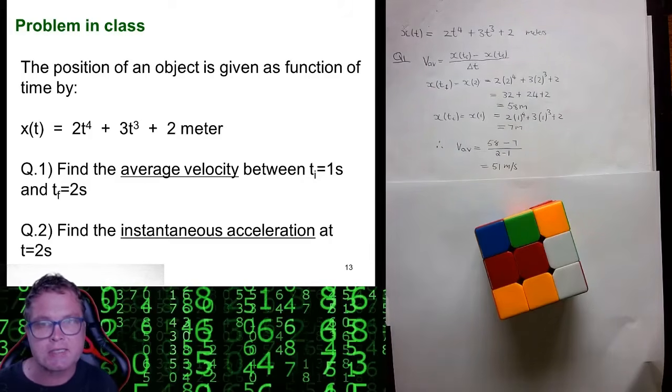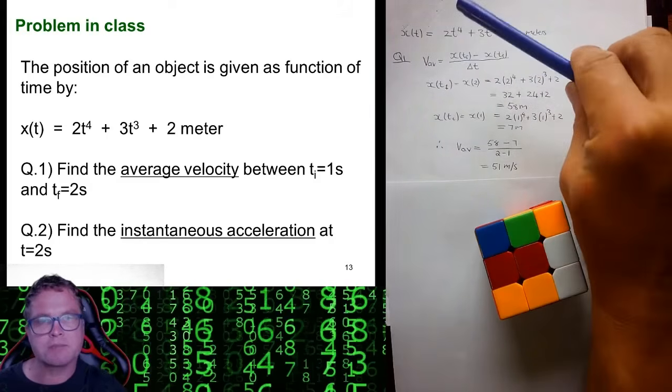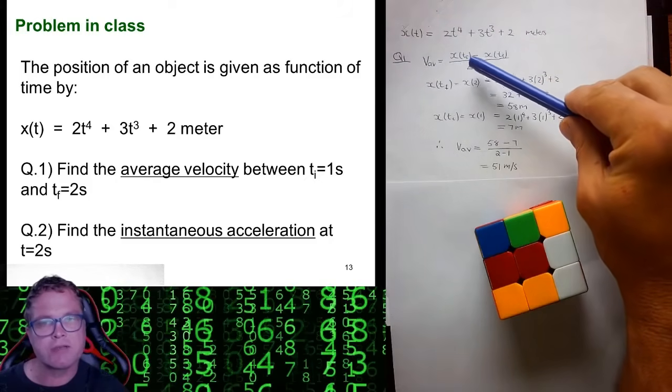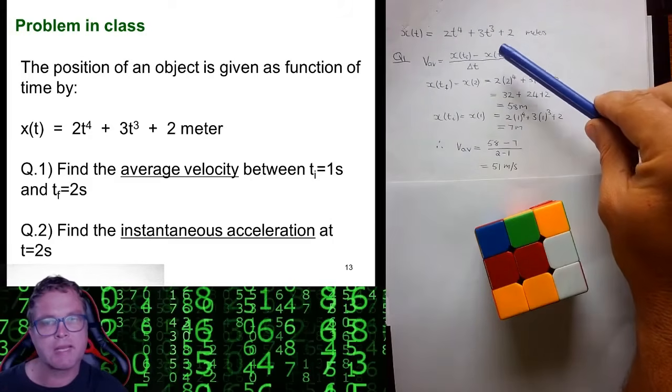That's an excellent place to start. For average velocity, we concern ourselves with the initial displacement and the final displacement. And the definition of average velocity is the final displacement minus the initial displacement, divided by the elapsed time.